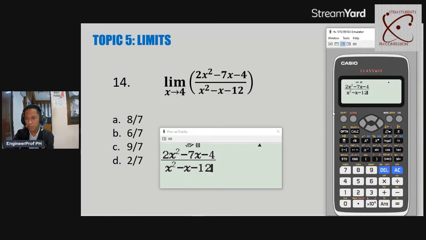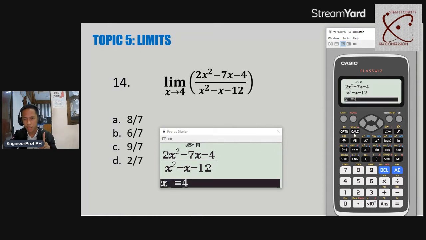Okay, again, to input the variable x, you just press alpha, then this button here, yung may right side parenthesis. Okay, katabi ng SD, baba ng sign function. Okay, you just press alpha x. Ayun. Then after that, after you input the function, you just press CALC again. Baba po ng alpha. So, press CALC, click.